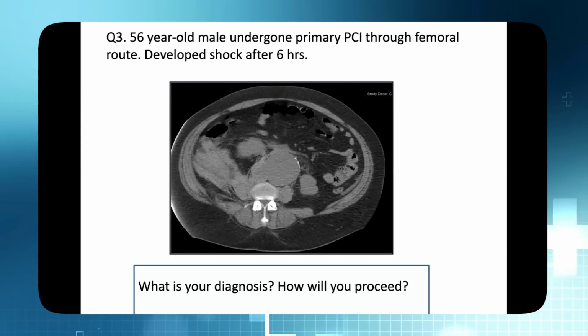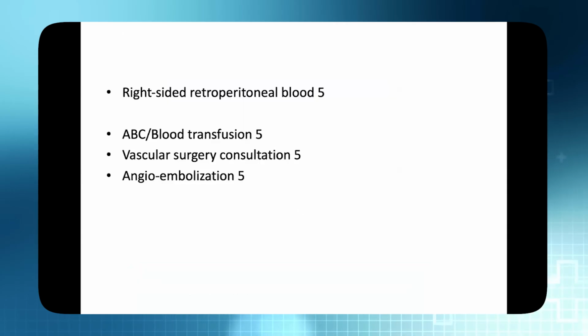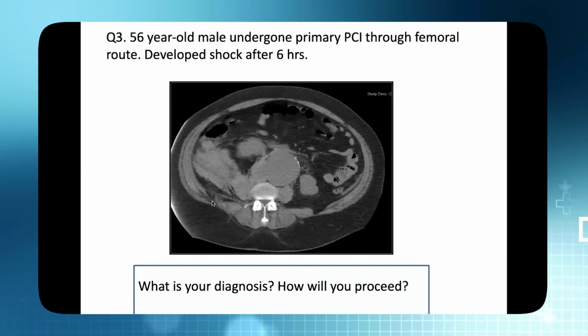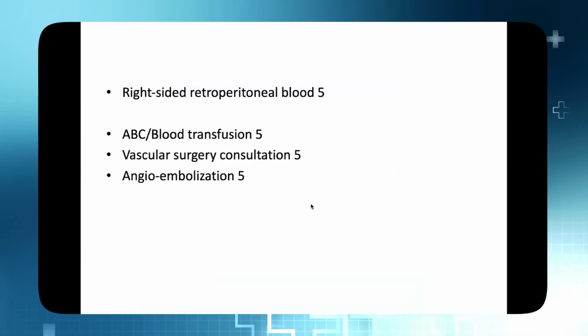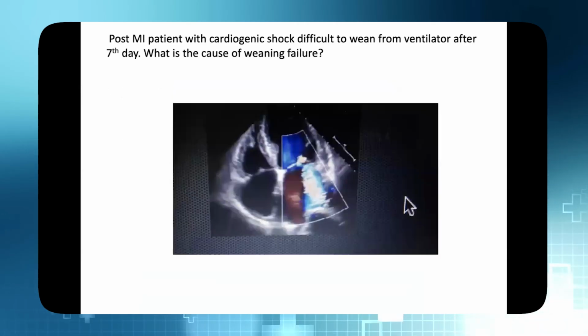Femoral artery hemorrhage into the retroperitoneum. This looks like retroperitoneal hemorrhage on the right side, a hematoma. So right-sided retroperitoneal bleed. Management: blood transfusion, vascular surgery, angioembolization.